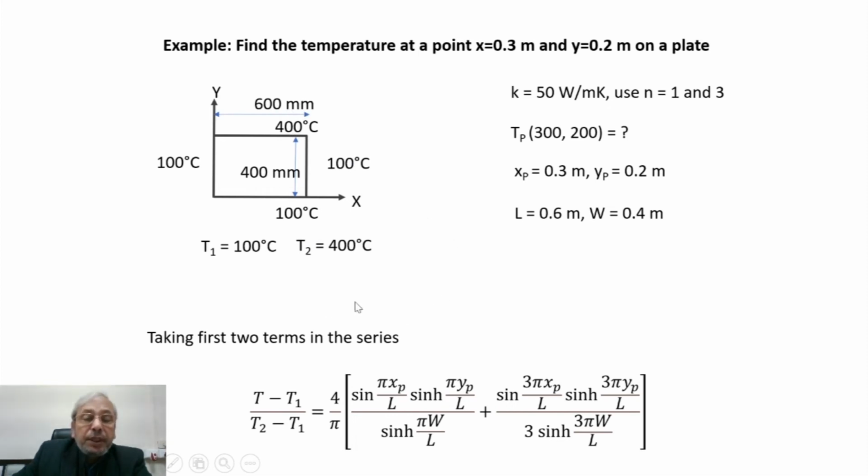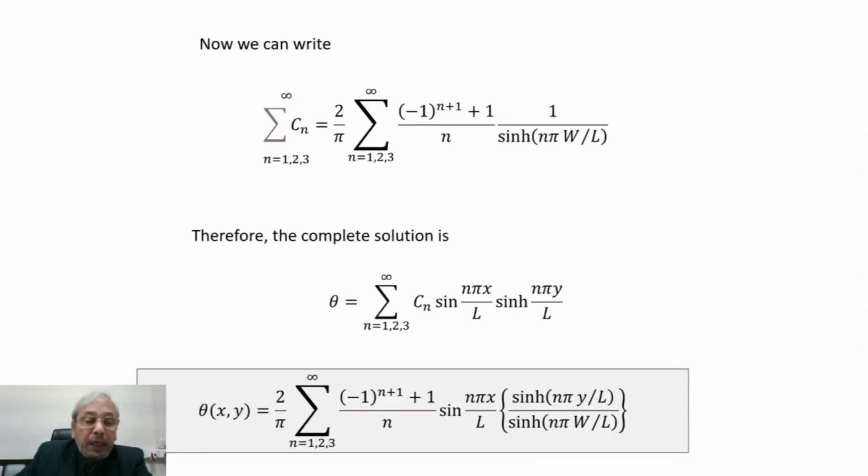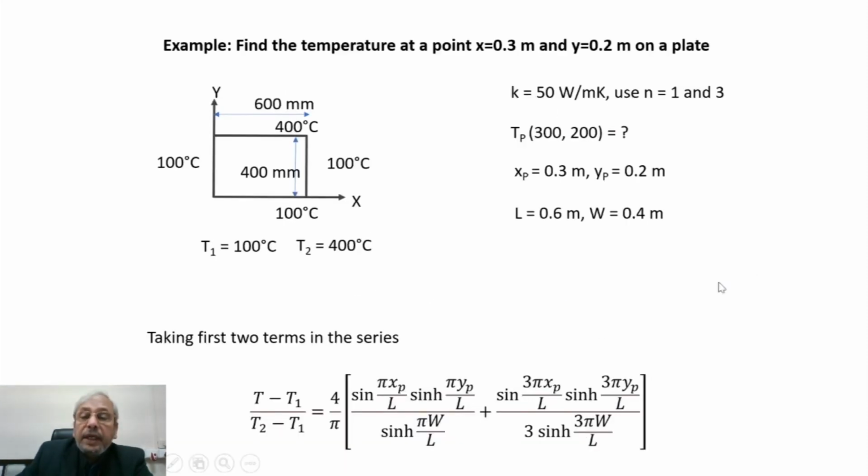So if we go back to our solution, which was given as a summation over this series, where n can be varied from 1 to 3 up to infinity, we can take n equal to 1 and 3, and that will give us an accurate enough solution.